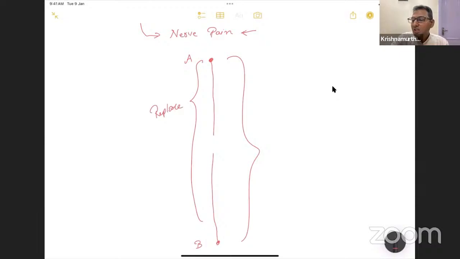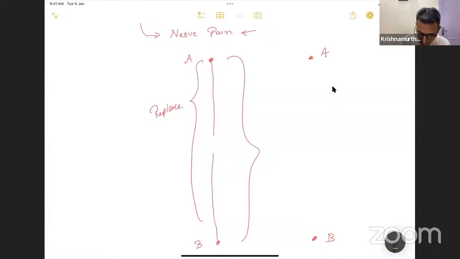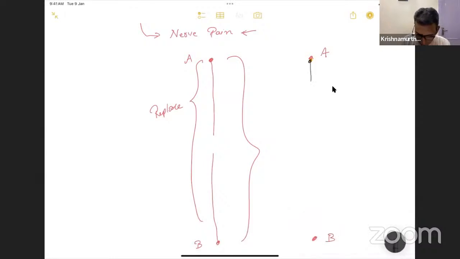Is that an efficient way of functioning or creating the structure? No, right. So what is to be done? Nature has created this beautiful method, A to B. It will be done in, let's say, smaller parts, one connection to another connection, so multiple connections.